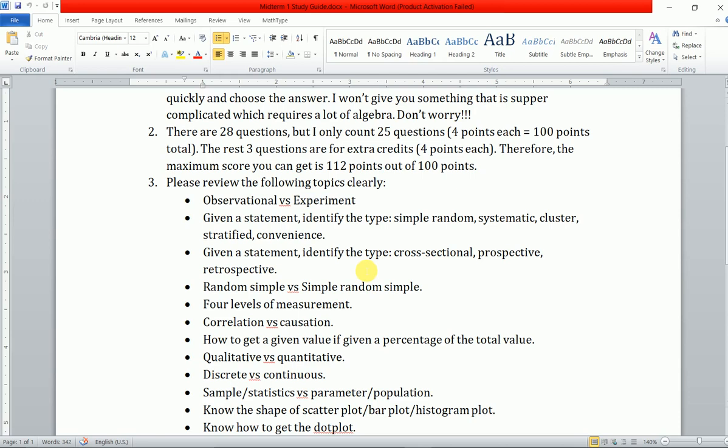Now, another type of question is, I give you a statement, a situation, and I want you to identify for that case whether it is simple random, systematic, cluster, stratified, or convenient. Remember, simple random. What is simple random? Simple random is that, for example, I have n subjects.